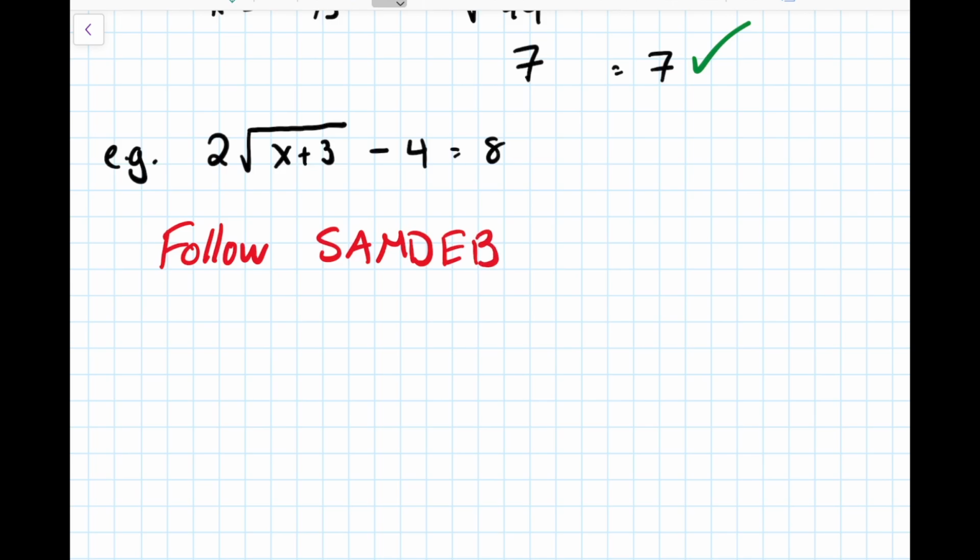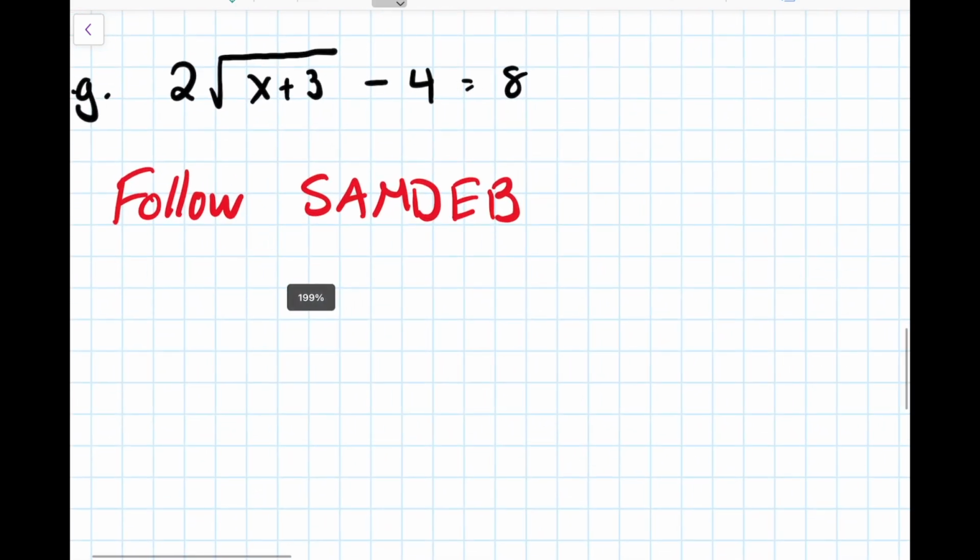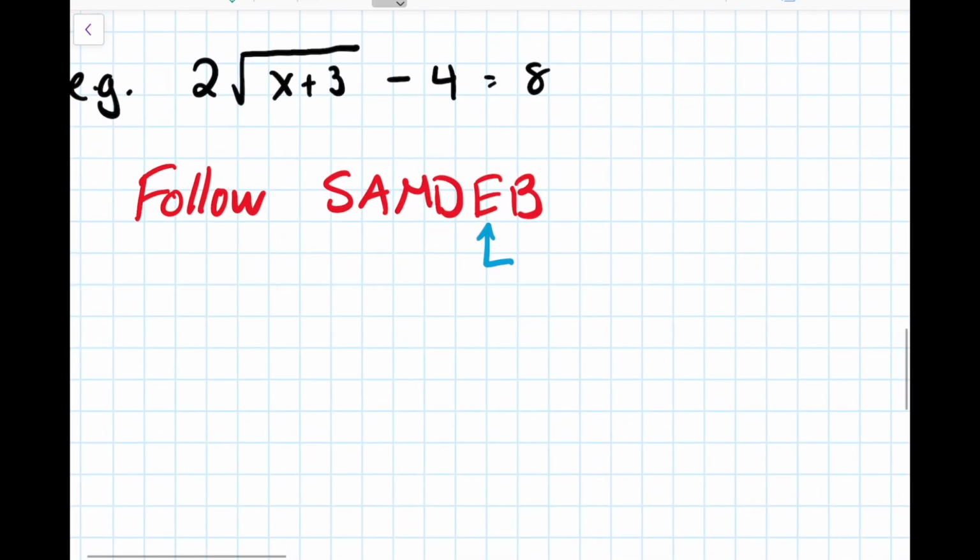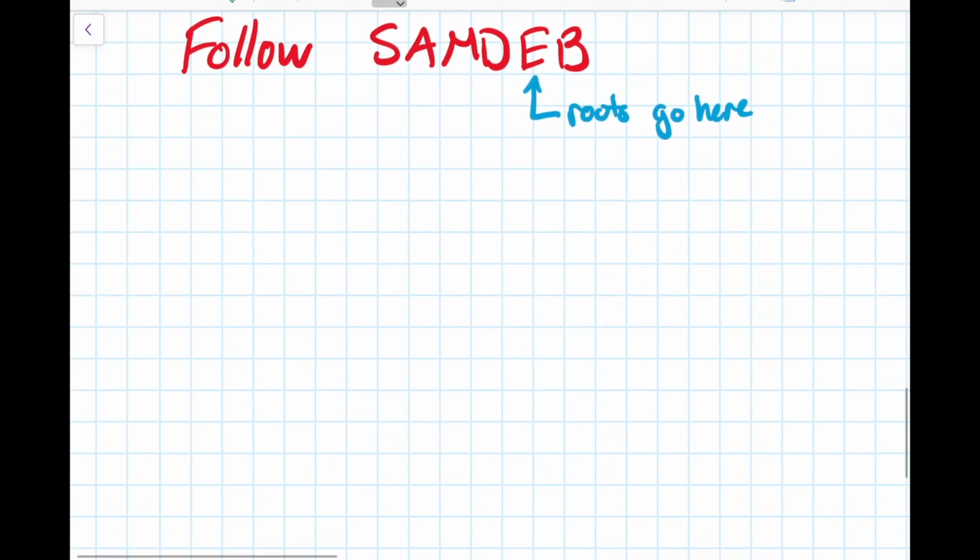And if you remember your exponents unit back in Math 10, you might remember that roots are actually just exponents written in a different way. So our root is going to get dealt with here. So we'll worry about that later.